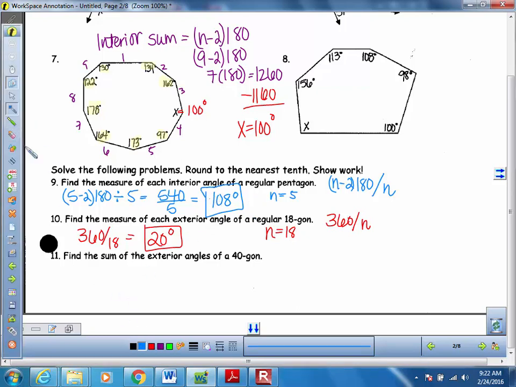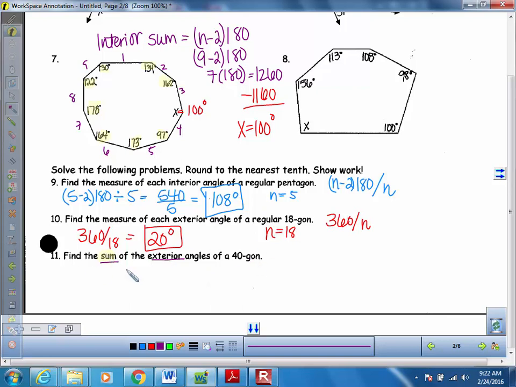Okay, and then here they asked me for the sum of the exterior angles of a 40-gon. So what you want to remember, when you see sum of the exterior, that's always going to be exactly the same thing. It doesn't matter how many sides or what information they give you after that.